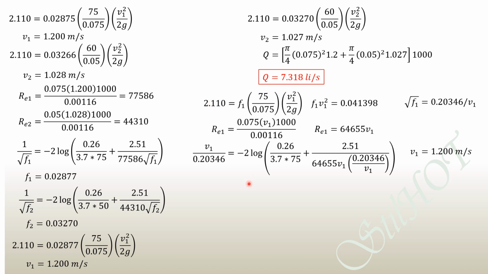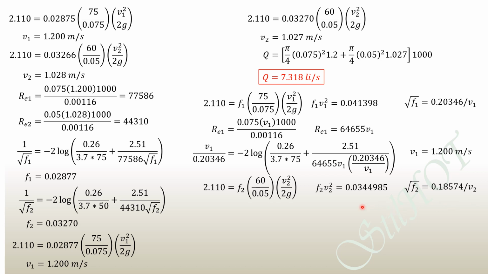Likewise, 2.11 equals F2 times 60 over 0.05 times the velocity head in pipe 2. So we can establish F2 V2 squared equals 0.0344985. Extracting the square root, square root of F2 is equal to 0.18574 over V sub 2.